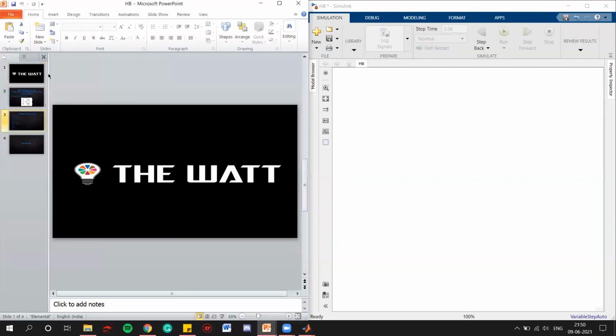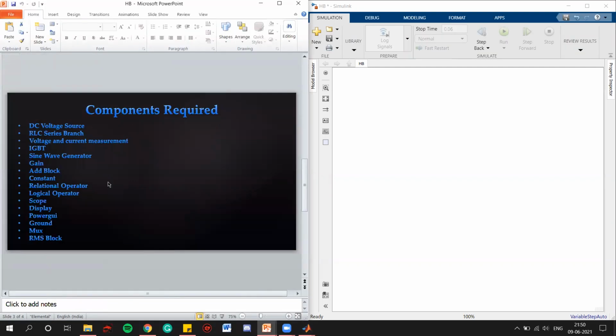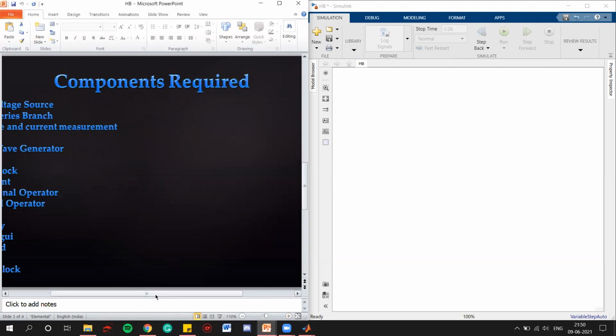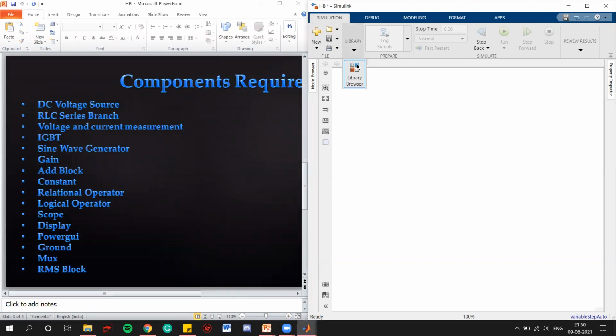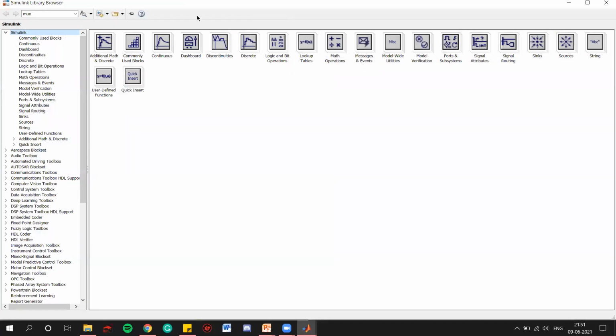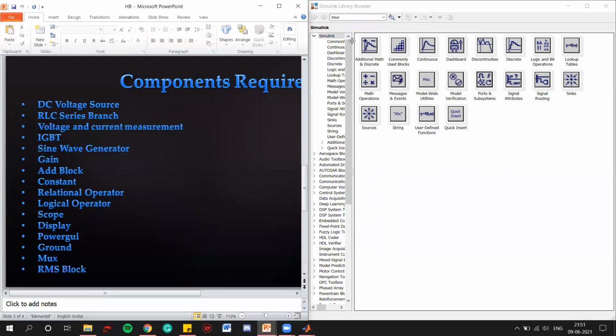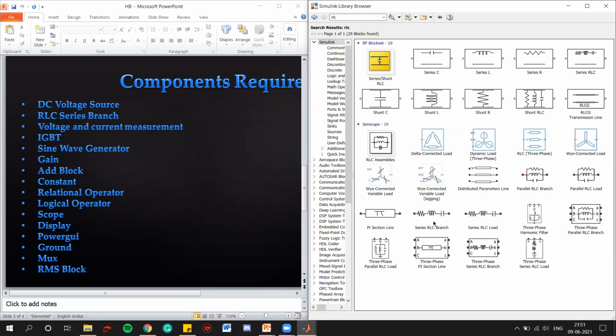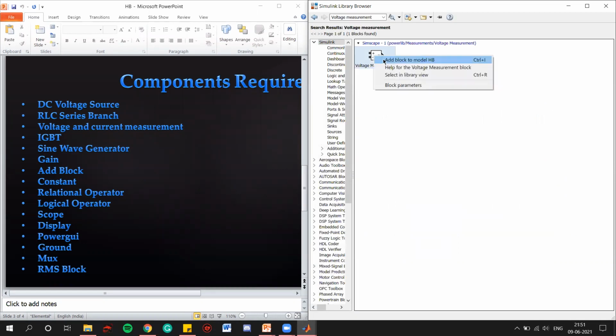So let's see what all we have. Let's take one DC voltage. We'll take this black one, DC voltage source, and we will take RLC series branch. Then we will take voltage measurements, this one.